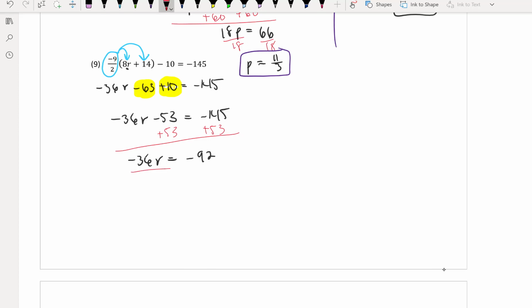Now you want to divide by negative 36. So I have a negative 92 divided by a negative 36, and that's going to give me a fraction of 23 over 9.